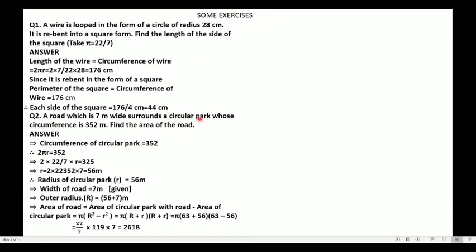Now first, you see we have the circumference of the circle. This is 352. The formula for the circumference is 2 pi r. By putting this in 2 pi r, we can find the unknown radius r. So what is the radius here? 56. So from here we have the radius of the circular park as 56 meters.